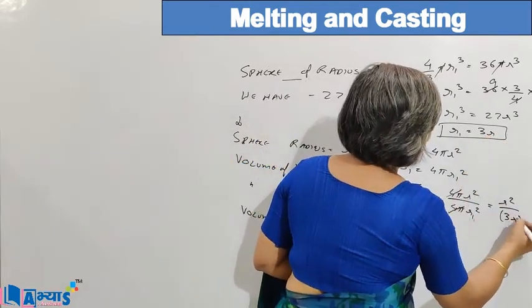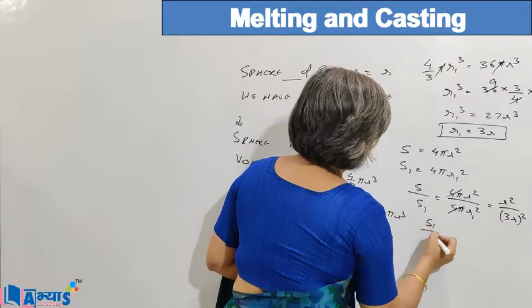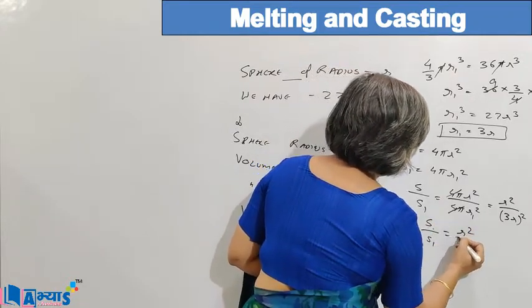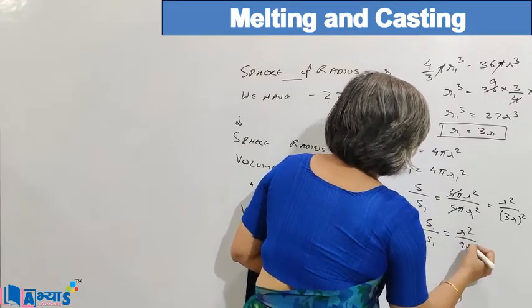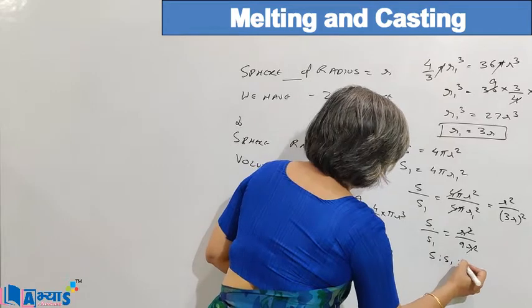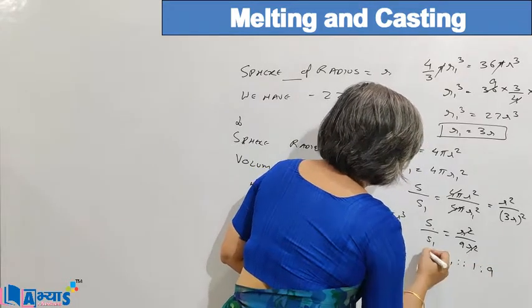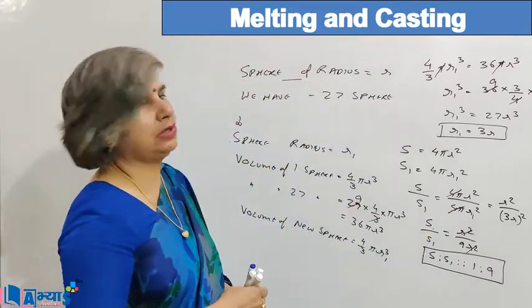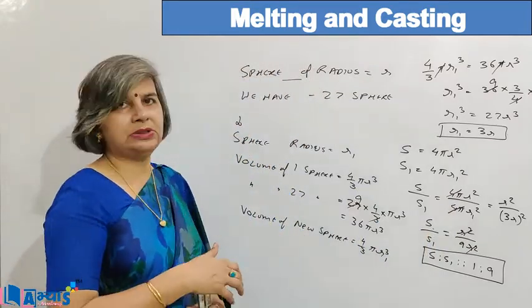So S upon S1 will be equal to r square upon 9 r square. r square will cancel out. So S is to S1 as 1 is to 9. This is the ratio of the surface area of the original sphere to the new sphere.